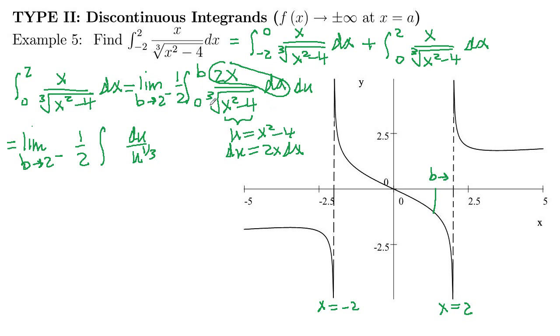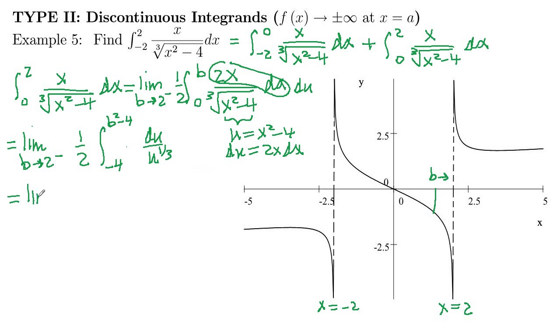So if we plug 0 in, 0 squared minus 4 is -4. And then plugging x equal b in here, b squared minus 4 would be our upper limit. So u to the 1/3 in the denominator is u to the -1/3 in the numerator.